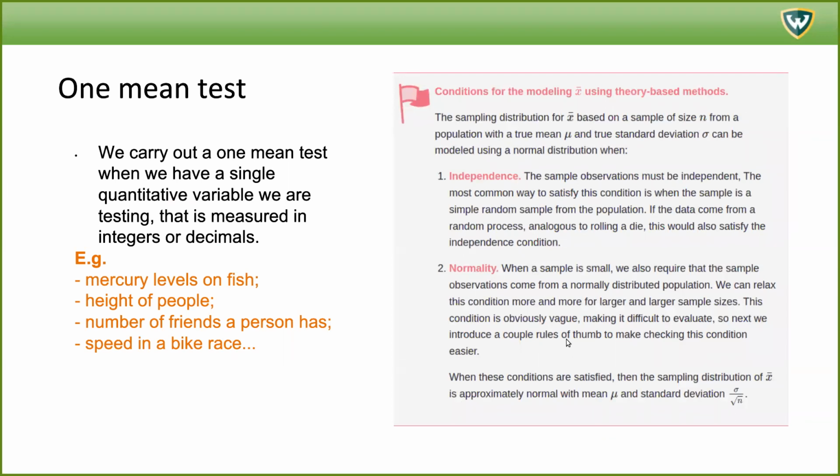Also, some conditions for modeling using these theory-based methods, which are the same ones as for the proportion. For us to actually apply any of the methods, any of the functions we're doing here, we need to check these two basic conditions. One is independence. Are the observations independent from each other? The best way to satisfy this condition is to have a simple random sample.